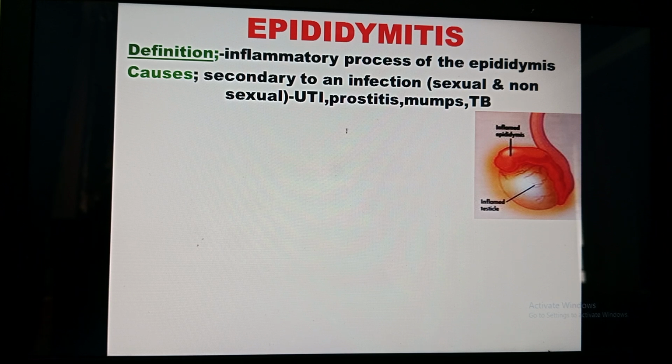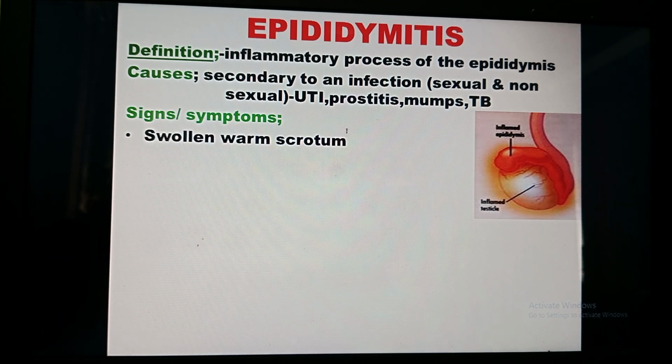Secondary means the client is already suffering with some kind of bacterial or viral infection, and due to that infection the client gets epididymitis. Causes include sexual ones such as gonorrhea and syphilis, and non-sexual ones such as UTI (urinary tract infection), prostatitis (inflammation of the prostate gland), mumps caused by a virus, and tuberculosis.